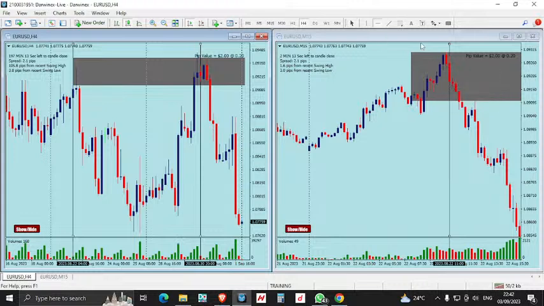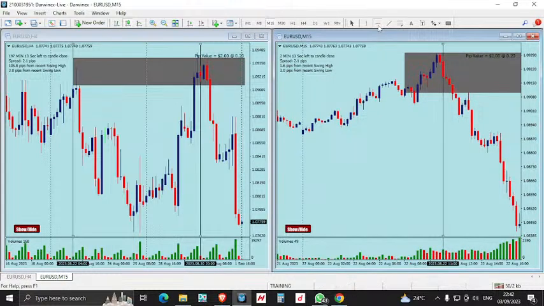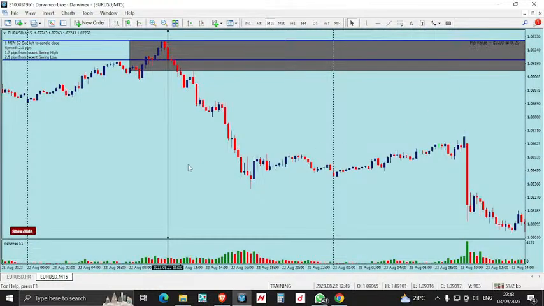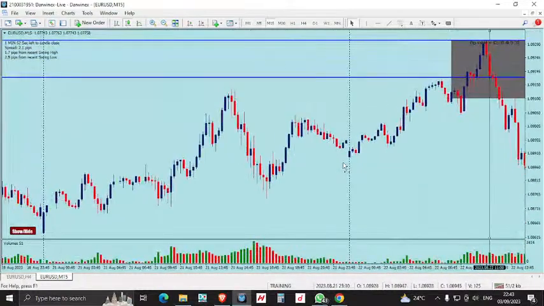So let me draw something. This is my stop loss above here, and my entry is here. What happened? It was so huge. So let me maximize this and check the next area.